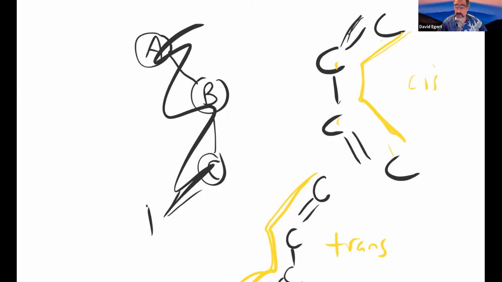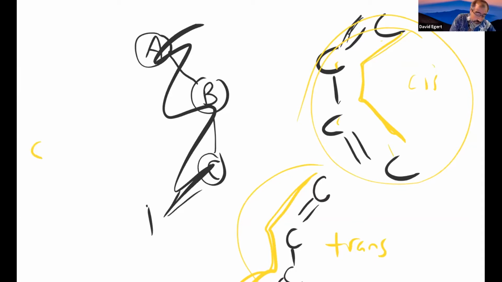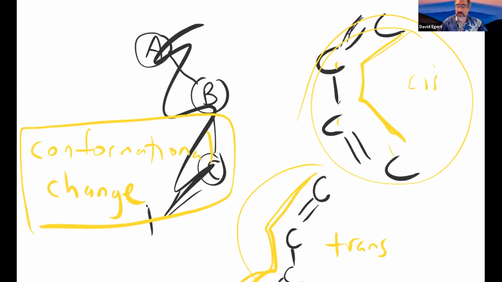So they ended up stressing out your system. But we're going to talk about cis and trans in a number of different contexts when there's some kind of conformational change, meaning a change in the shape of a molecule.